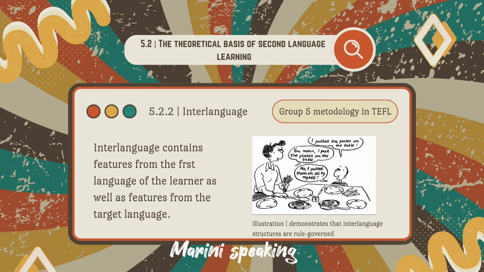The illustration shows the mental representation of interlanguage structure in the mind of the learner and also clearly points out that any correction of non-target-like interlanguage structure is fruitless if the learner is not yet developmentally ready to process the target-like structure.